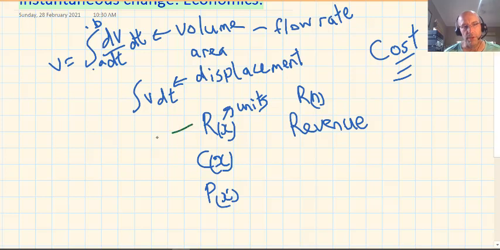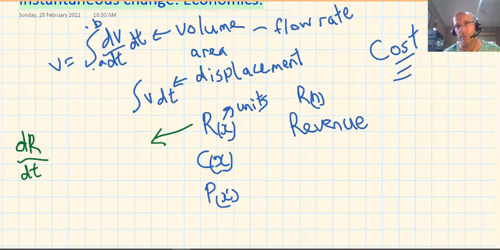Focusing on revenue with the money coming in, we look at dR/dt. If we're given that, the rate of change of the revenue in regards to time, the rate at which money varies according to time as a function of time, that has a special term. It's called the marginal revenue.